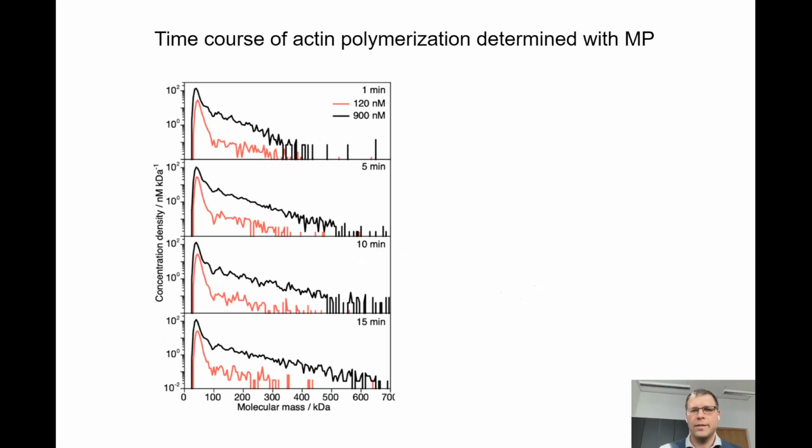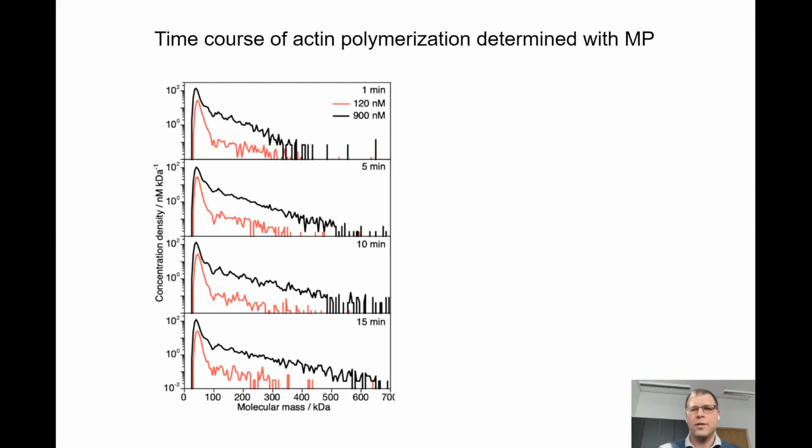And if you then compare the mass distributions of different actin concentrations at different time points, you will see that if you're working at or below the critical concentration of filament formation, which is the red curve, there's not a significant difference at the different time points.